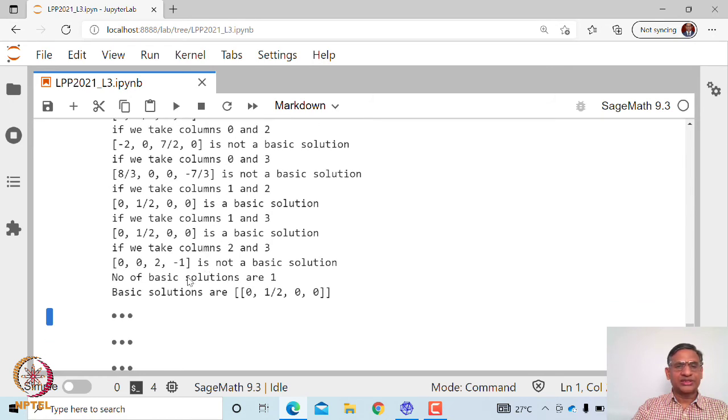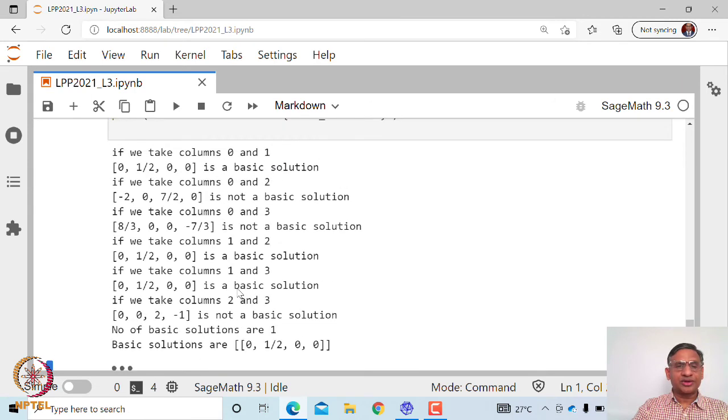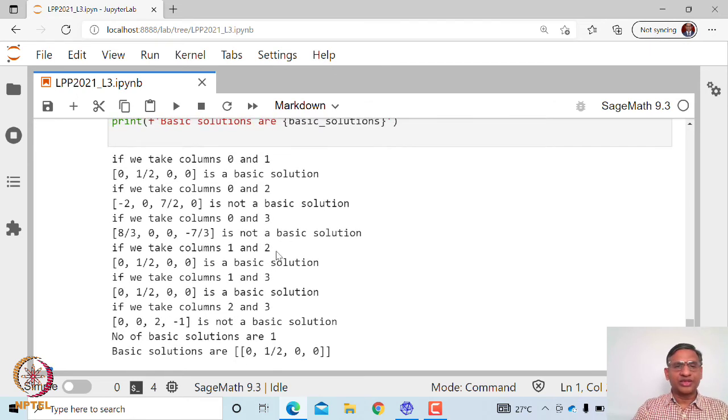Similarly, do the other things, and in this case, what we find is that there are 3 sets of 2 columns which are linearly independent. One is first column, second column. The second one is second column and fourth column, and the third one is first, second column and third column.